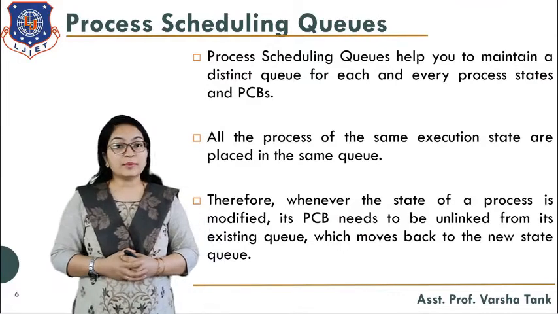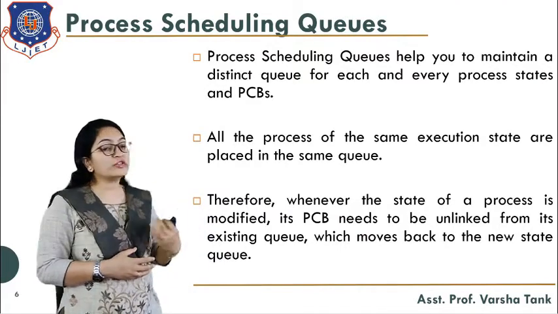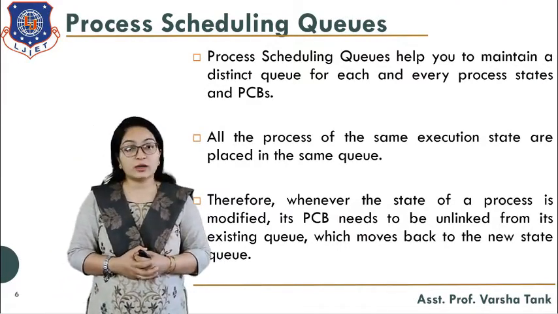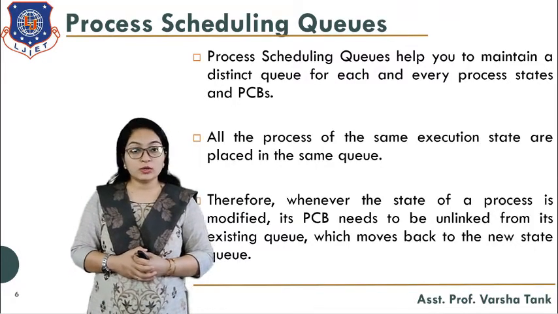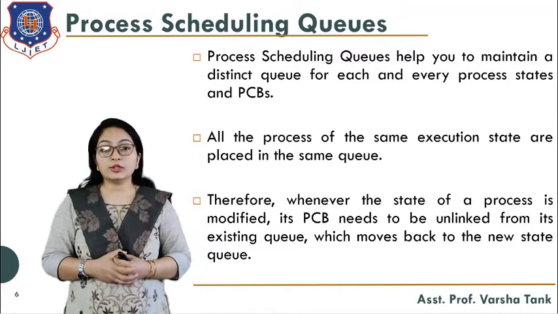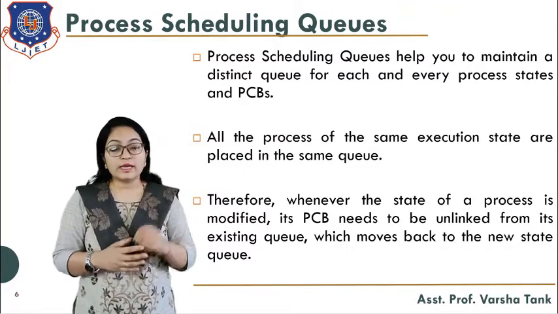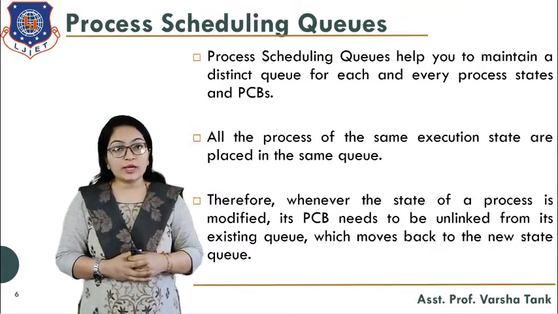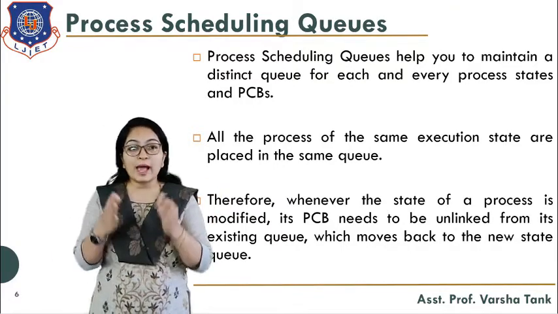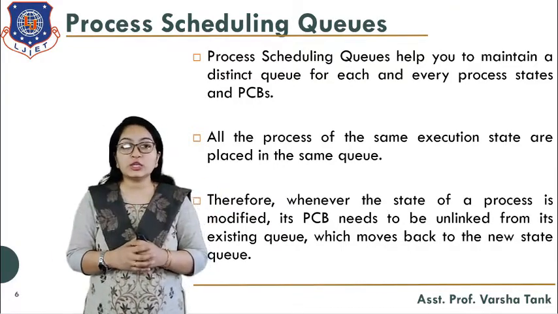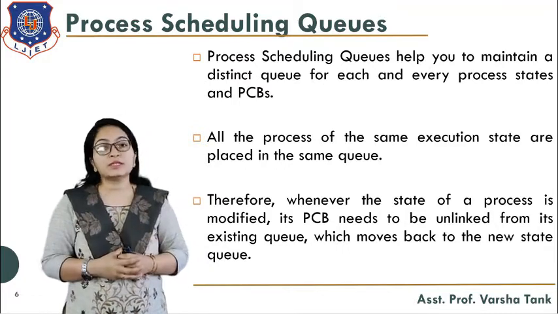Now, next is the process scheduling queues. Which are the process scheduling queues? We are talking about process scheduling algorithms, and how the scheduler will schedule the process. There are different types of queues in which a process will wait. Process scheduling queues help you maintain a distinct queue for each and every process state.